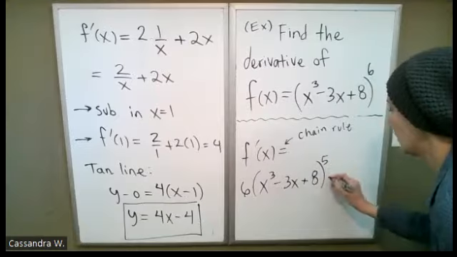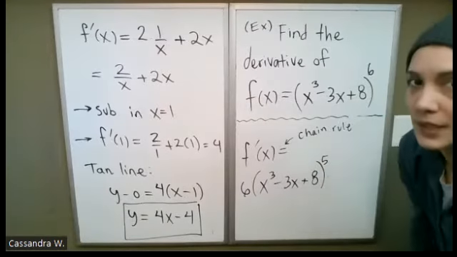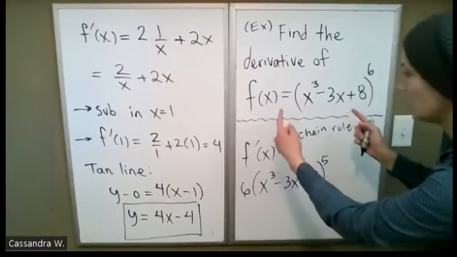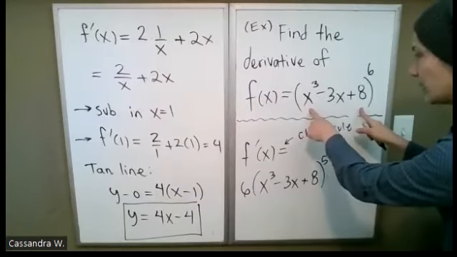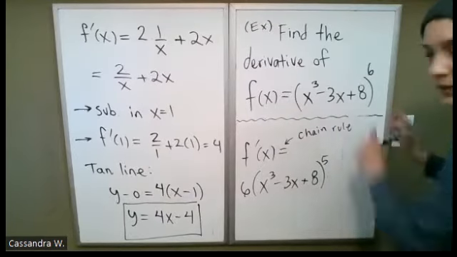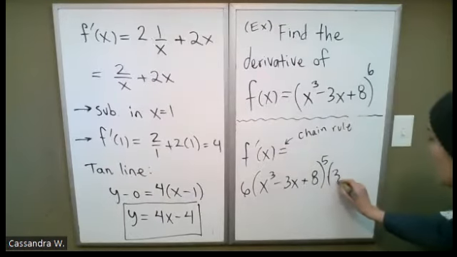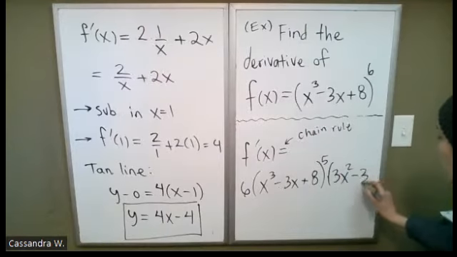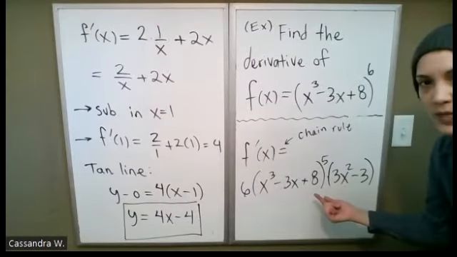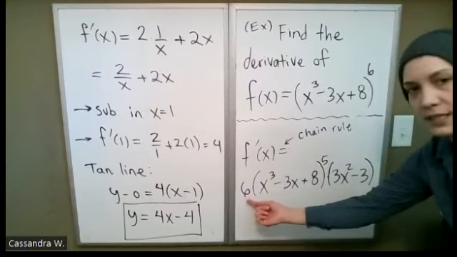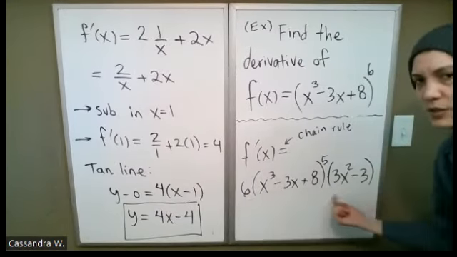Then go in here to the parentheses, take the derivative of what's inside, which would be 3x squared minus 3. All we're going to do next is factor out that 3, multiply it with this 6, and then this should look good.